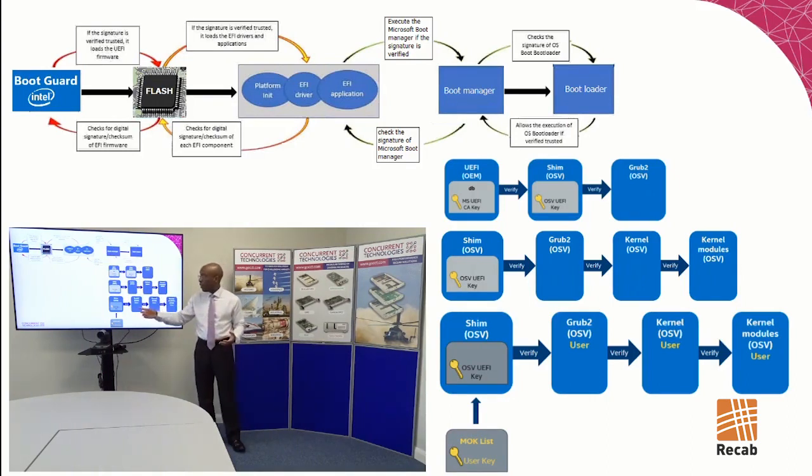So you don't have to use, for example, the Grub 2 from Red Hat. You can decide, I want to use my own Grub bootloader, and I want to build and sign my own kernel. I want to sign my own driver with my own key. So all this is possible.